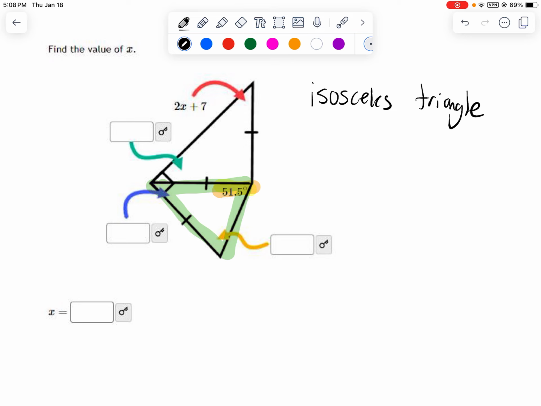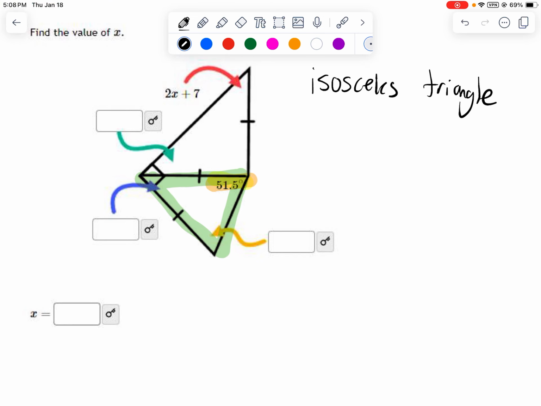Okay, isosceles triangles have a lot of really cool properties. The one that we need to know for this particular problem is that once we know that the two sides are the same, the base angles are also the same. Well, that's nice. What's the base? Well, the base is the third side that is not congruent to the other two. This is your base side.